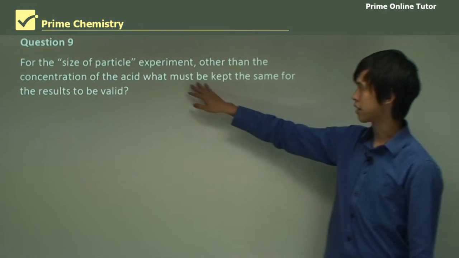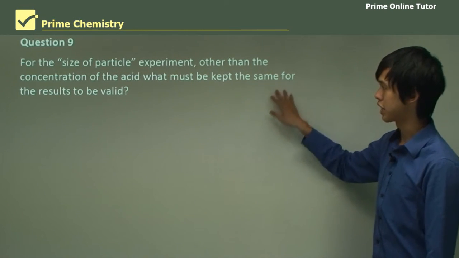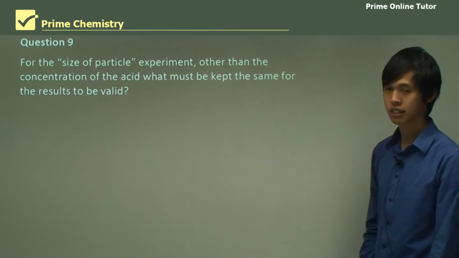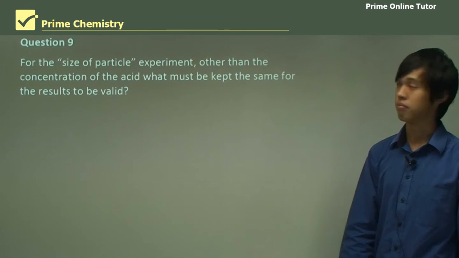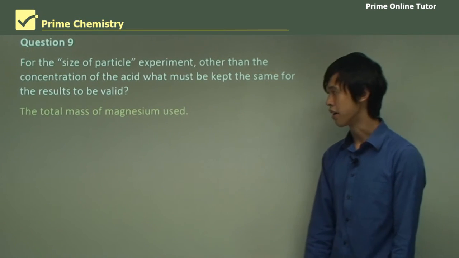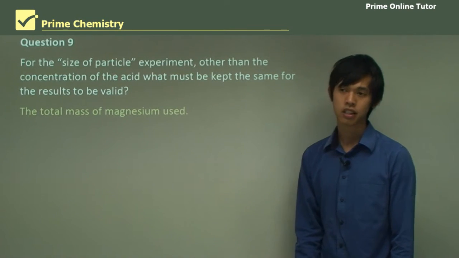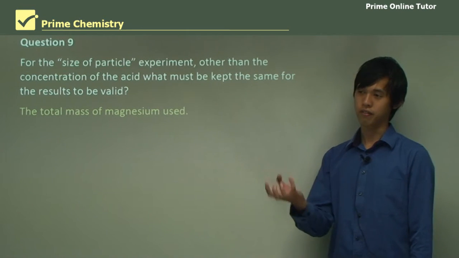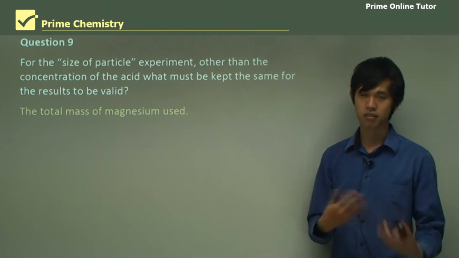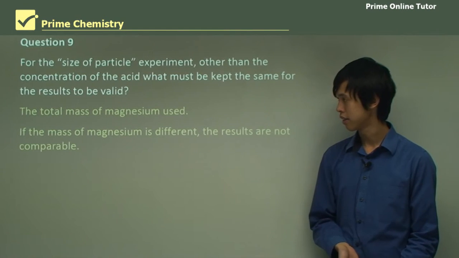For the size of particle experiment, other than the concentration of the acid, what must be kept the same for the results to be valid? Okay, so for experiment C, one is the total mass of magnesium used. If you use 5 grams for your ball and 1 gram of chopped up magnesium, that's obviously not a valid experiment.